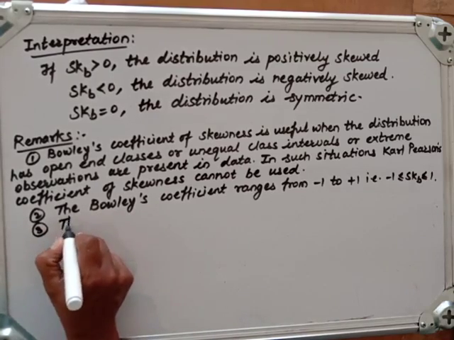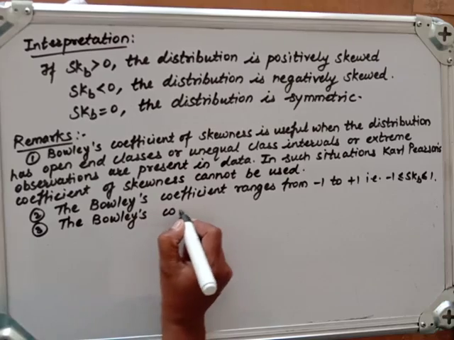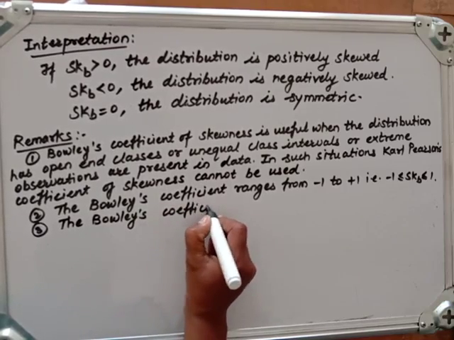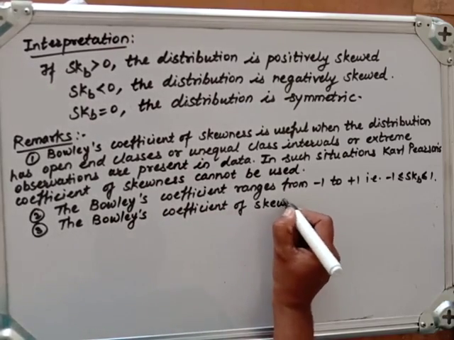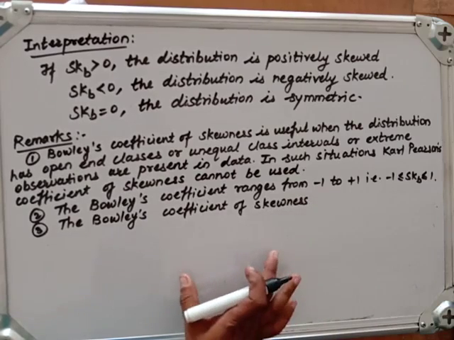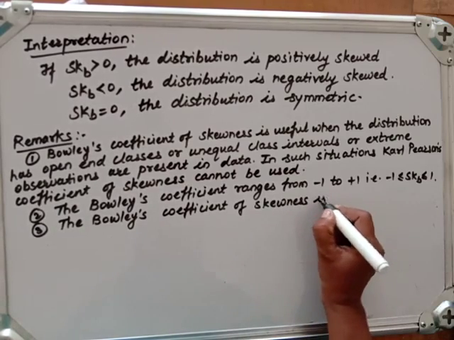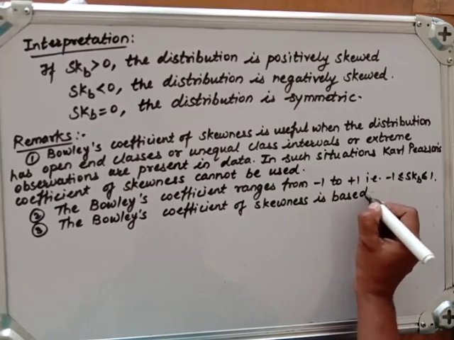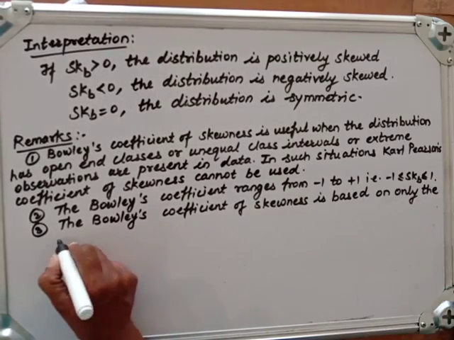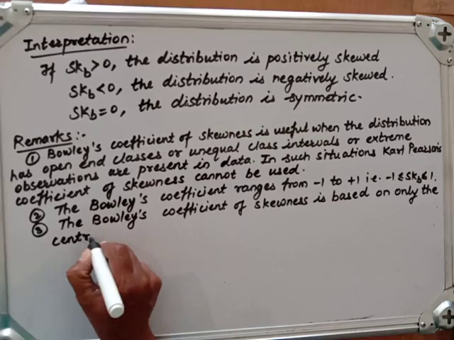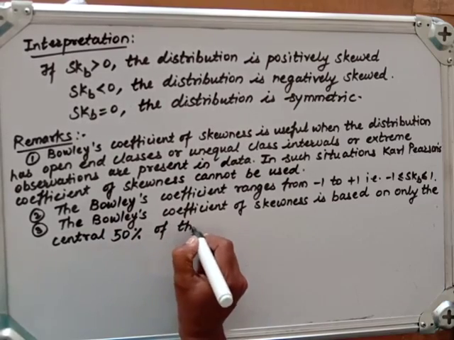Next, Bowley's coefficient of skewness is based on quartiles, actually on the middle or central 50% of the data, only the central 50% of the data.